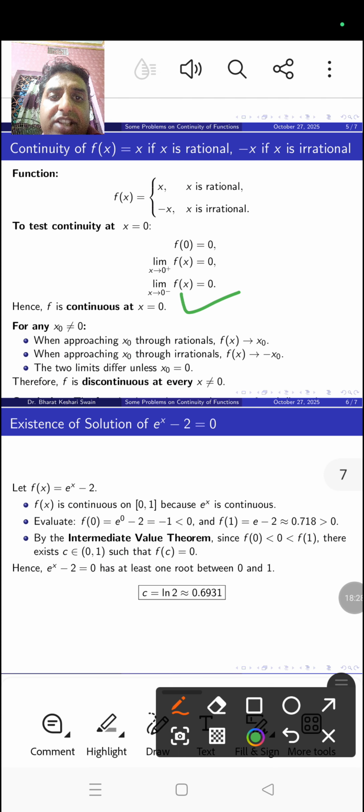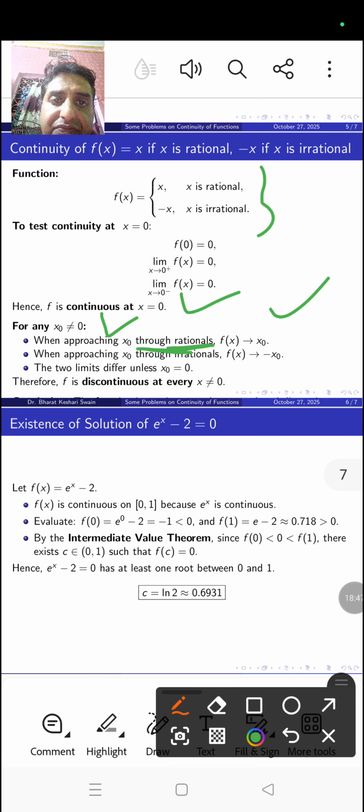Now, for any x0 not equal to 0, this function will be discontinuous. Suppose the point is x0. When approaching x0 through rationals, the value will be x0.